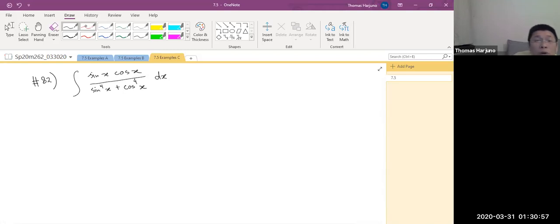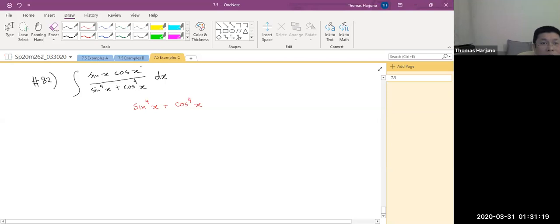I use red color so that I know what to erase if this is not correct. Honestly, I have no clue at all. I think what I will do is change everything into sine because I have extra cosine. You can change everything into cosine too, right? So let me change it this way.